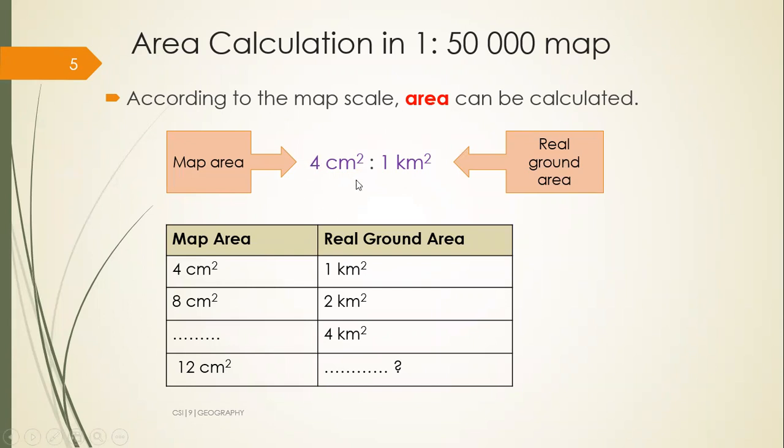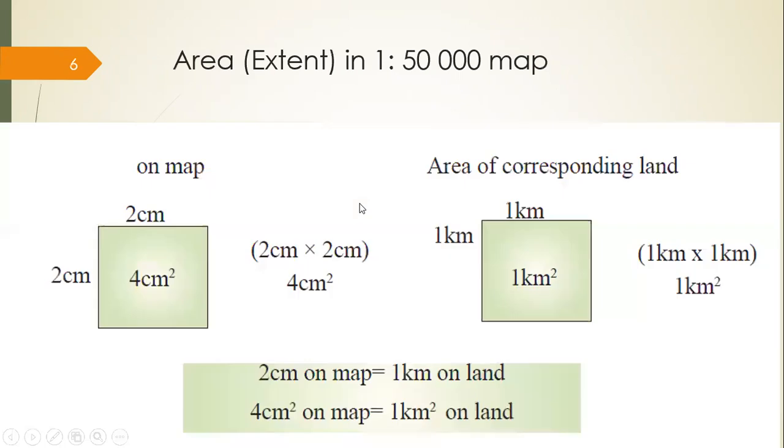Then 4 square centimeters should have 2 centimeters into 2 centimeters, on one side 2 centimeters. Even it might come as one side 4 centimeters, other side 1 centimeter. That's also fine. Then here it's a square. 2 centimeters into 2 centimeters is 4 square centimeters.